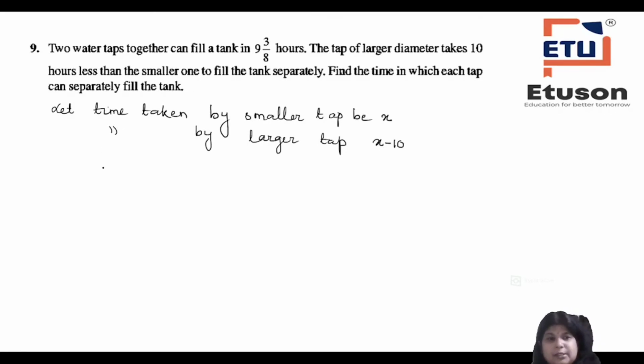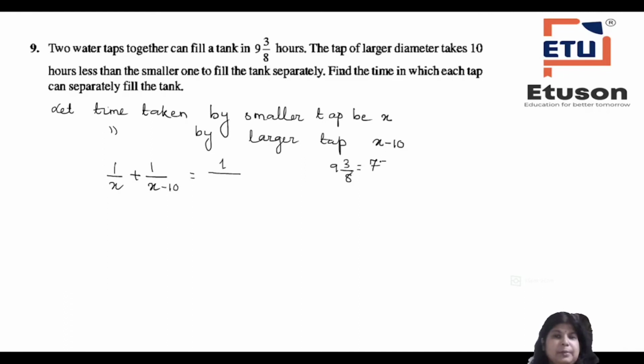So let us write down the algebraic expression for that. You will have 1 by x plus 1 divided by x minus 10 is equal to the reciprocal of 1 divided by, let us write down the value of 9 3 by 8 here so that it will be easier on your part to write.